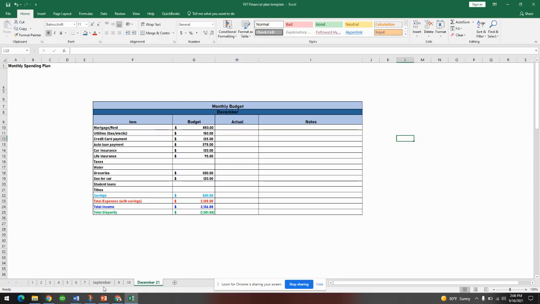And I want you to keep track of every single month. And as you keep track every single month and you have your goals in your mind and you're making good decisions, you're going to see how much savings. You're going to start doing extra stuff for money and you're going to see how much income you're bringing in. And you'll come up with ways to decrease your expenses even more.